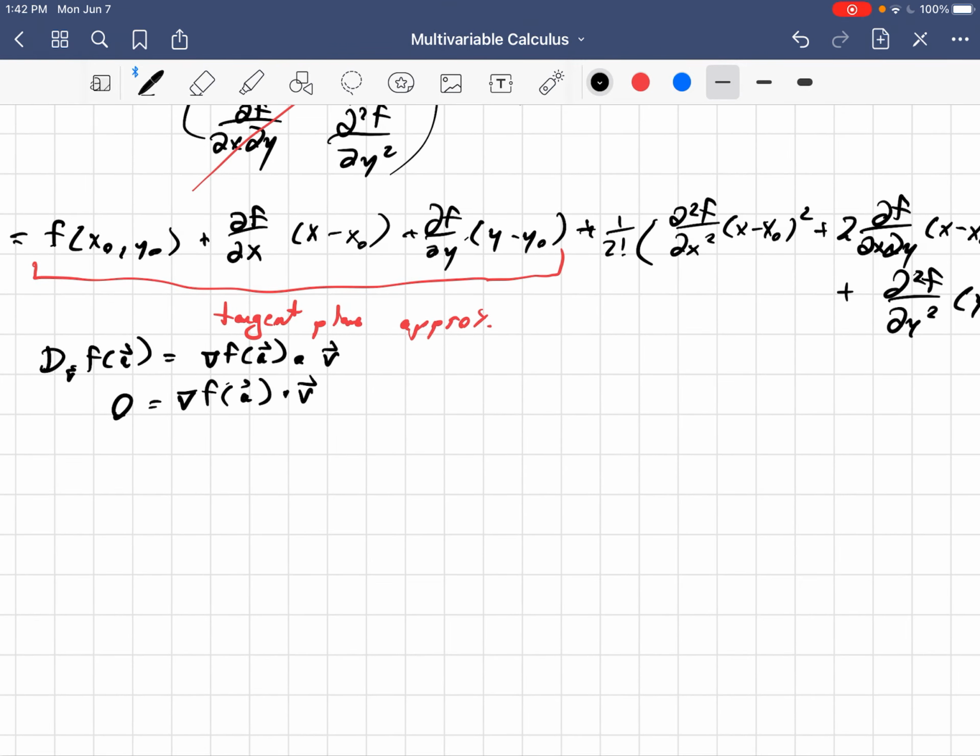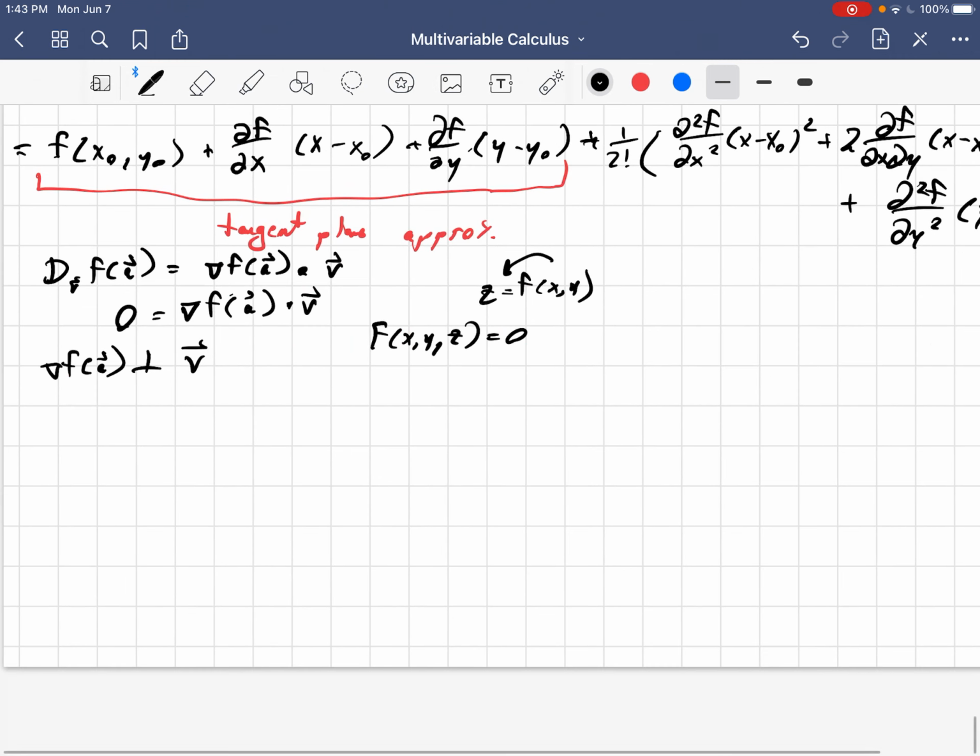And what this means is that the gradient of f is perpendicular to the velocity vector v, the tangent vector at that level set. And we can always view a function f as a level set of a higher dimensional function, right? If we have z equals f of x, y, we can view this as f of x comma y comma z equals 0, right? Just subtract this f of x, y over to the other side.